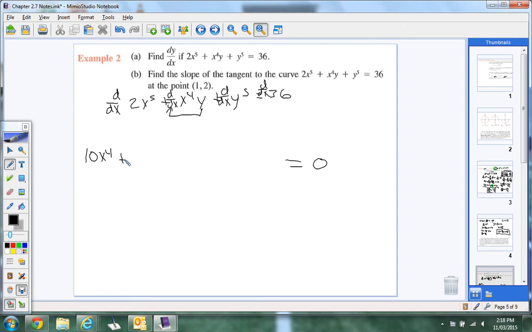So watch. x to the 4th, I'm taking a derivative of y, so I'm getting the dy dx again, just like we did in the last one. Now the second part of your product rule: plus derivative of the first, which is 4x cubed, and the second just stays y.